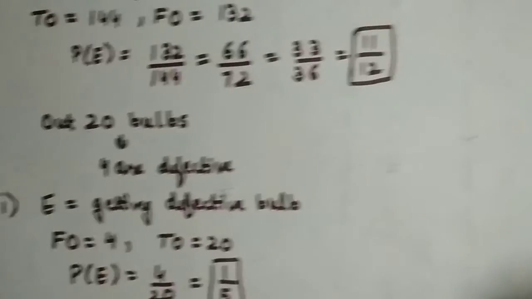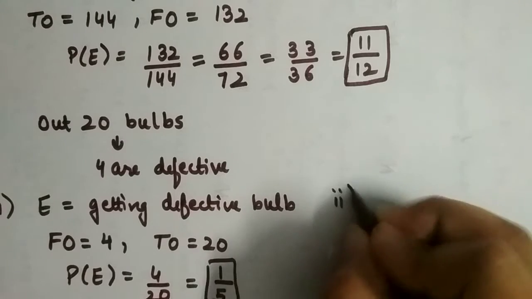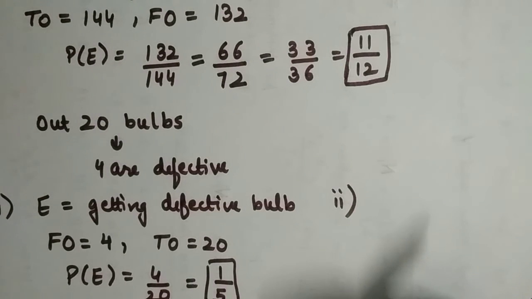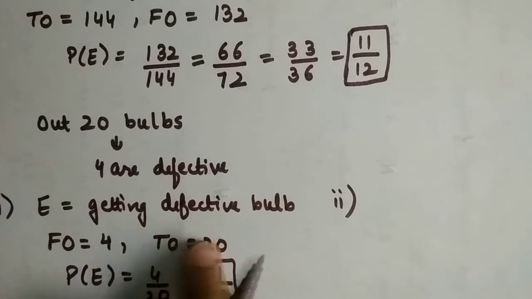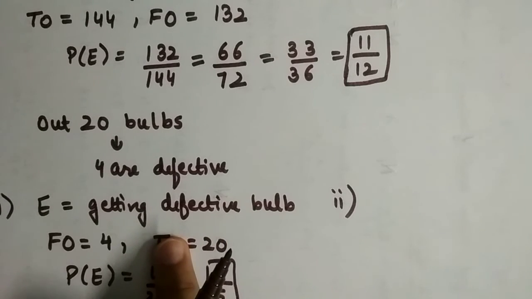Now in the second part, they are saying that suppose the bulb drawn in the previous question is not defective and is not replaced. Now one bulb is drawn at random from the rest of the bulbs. What is the probability that the bulb is not defective?